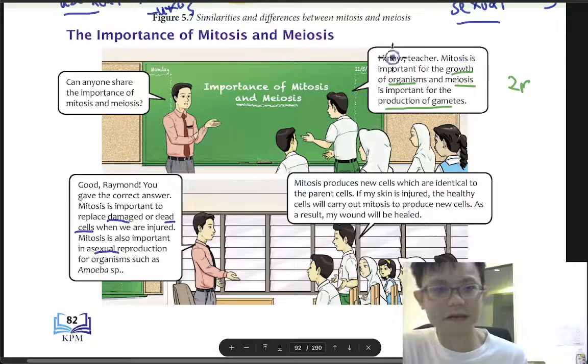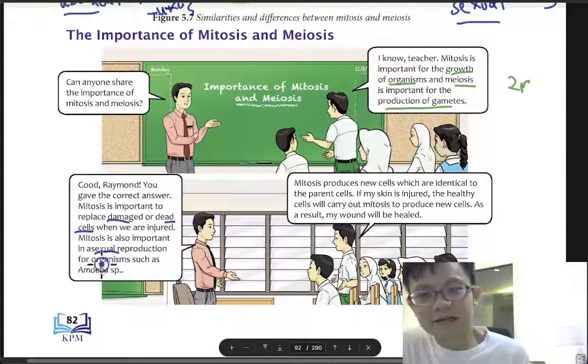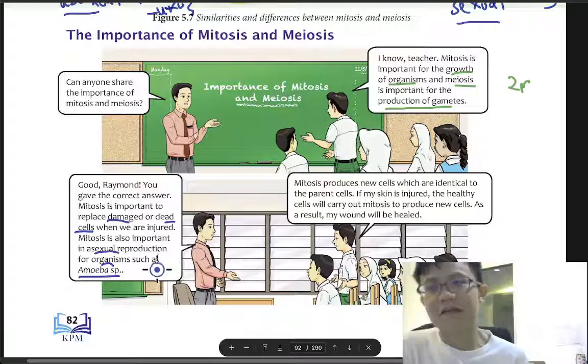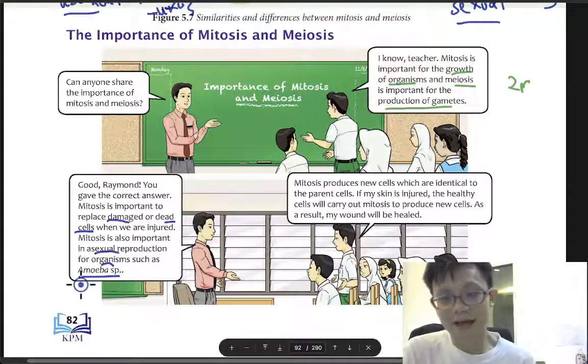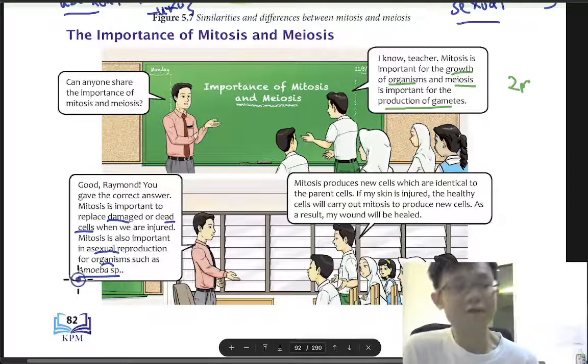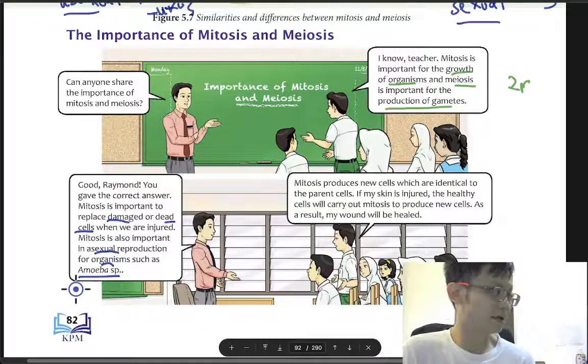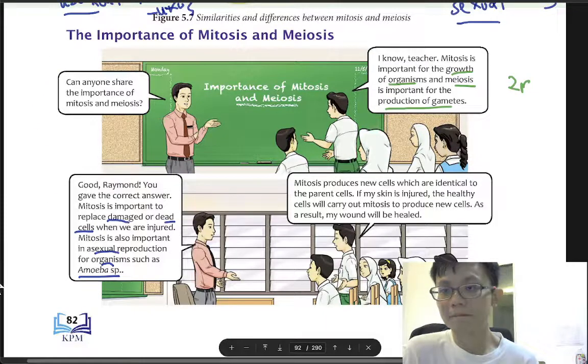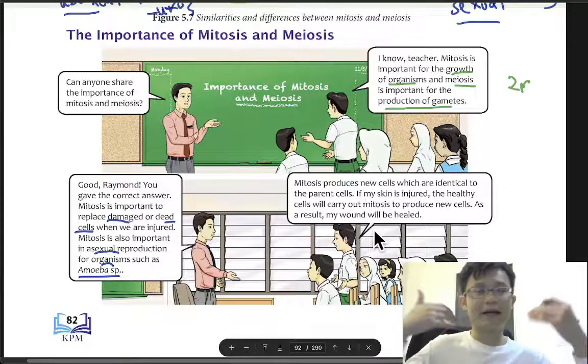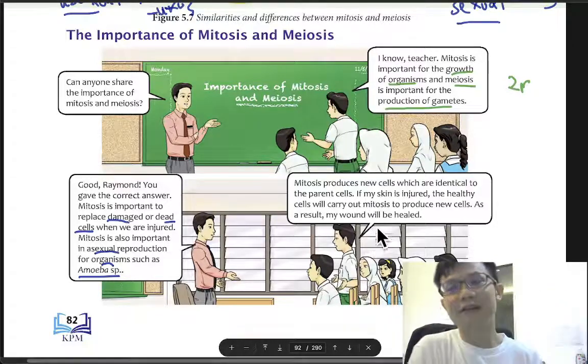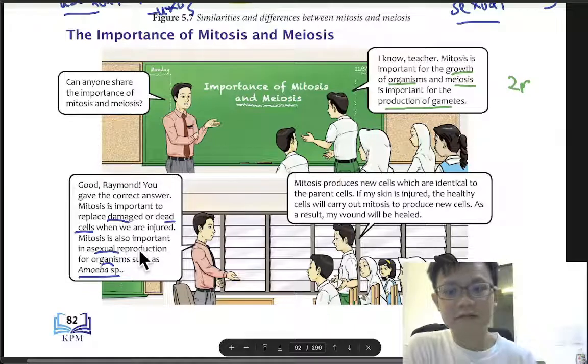There's a difference. Okay, such as lesser organisms like microorganisms, like amoeba. Unicellular organisms use mitosis, but for multicellular organisms, where we have many cells, we use meiosis as well. Mitosis produces the same cells which are identical to the parent cell.